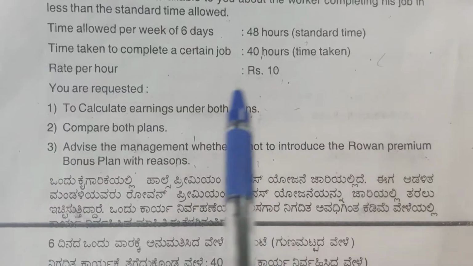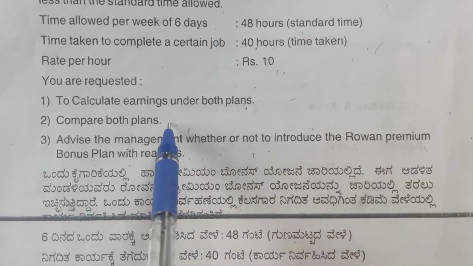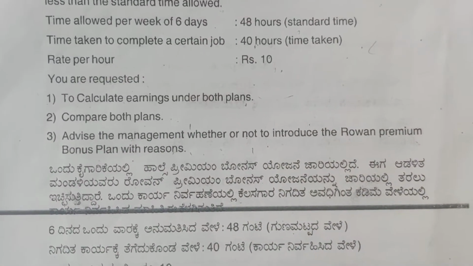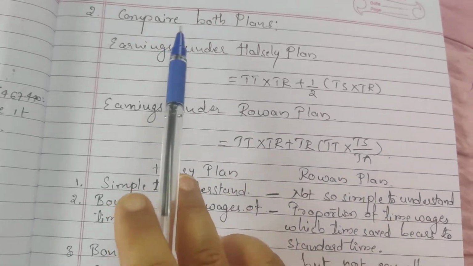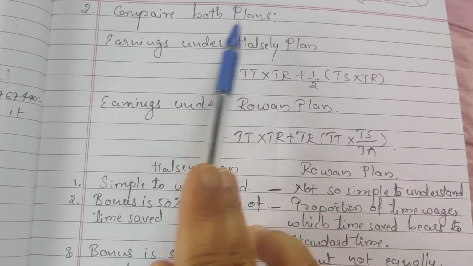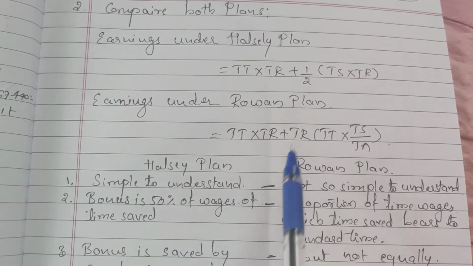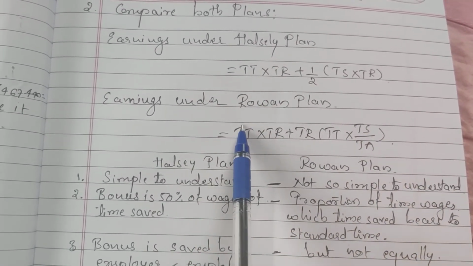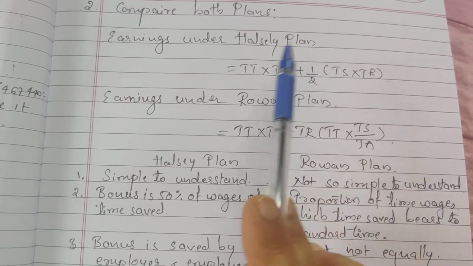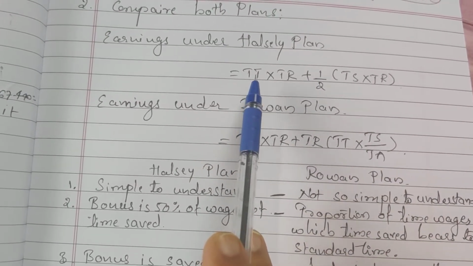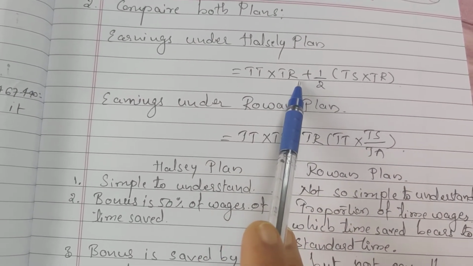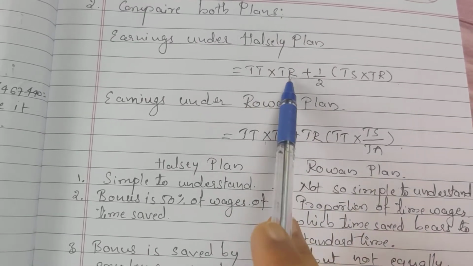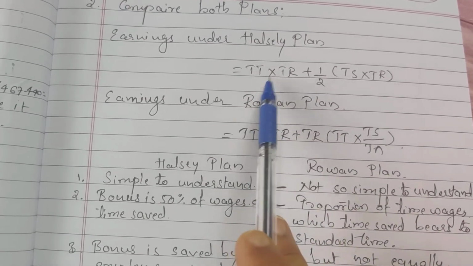We have finished this. The next question is to compare both the plans. To compare both the plans, we have to look at the formula to calculate the earnings under both. In both the plans, the basic wage is the same, time taken into time rate.